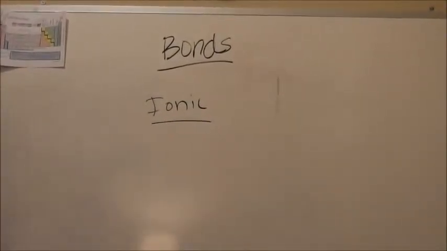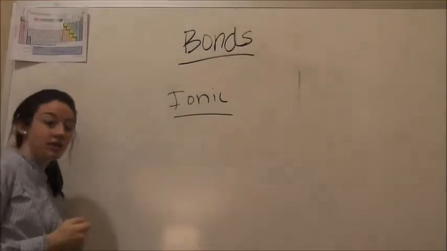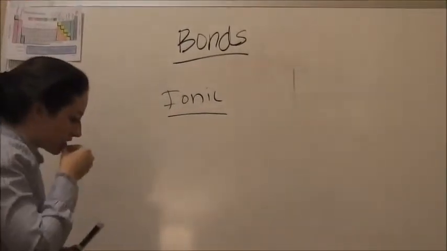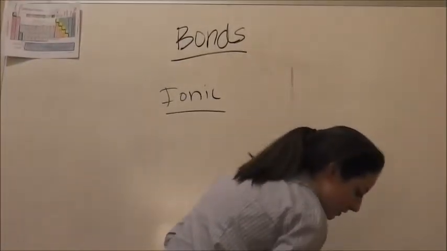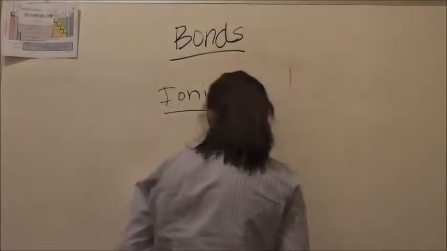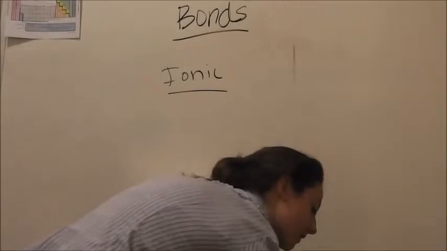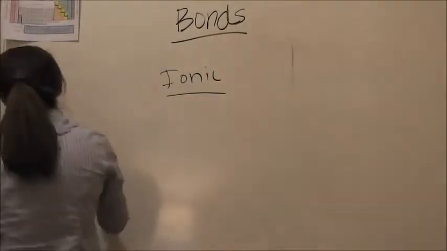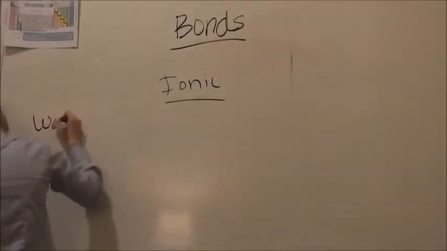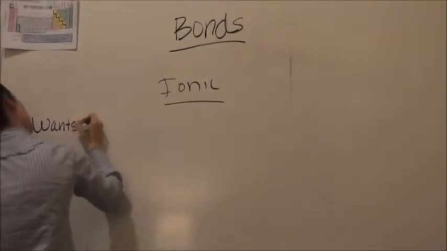The next type of bond is ionic bonds. Ionic bonding is formed by the electrostatic attraction between oppositely charged ions. So let's say we have an atom that really wants to give electrons.